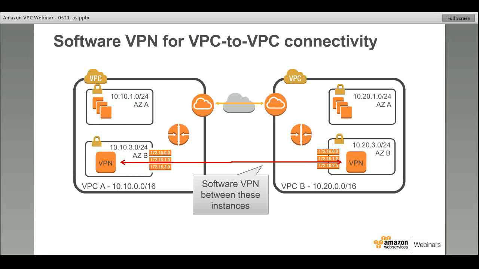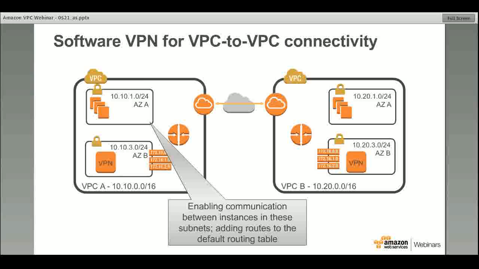And so I'm showing here that the VPN traffic would be from the VPN between these two VPN appliances, and the instances in the subnets on the top half would be the instances that would be able to use that VPN to communicate with instances in the paired subnet on the other VPC.